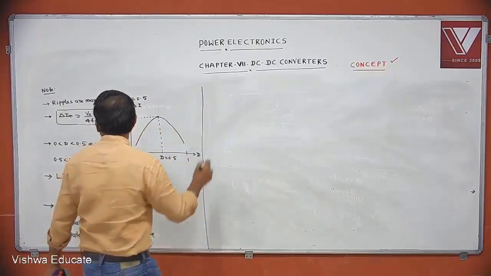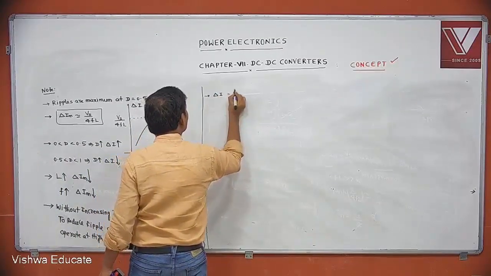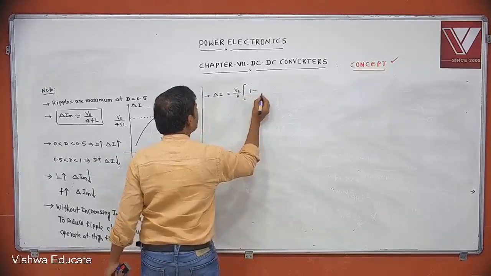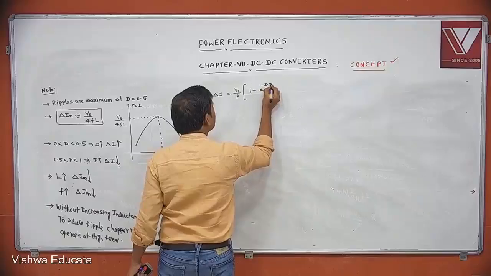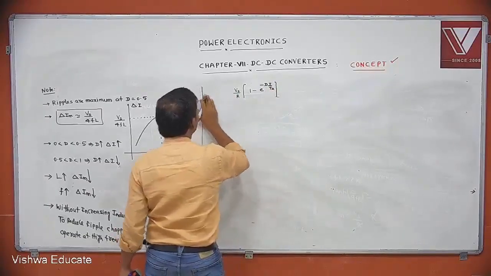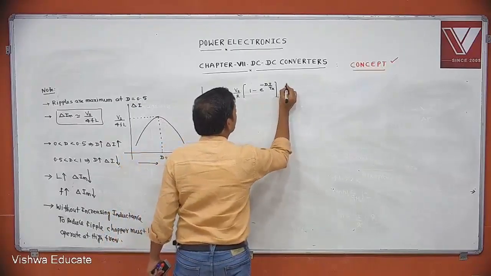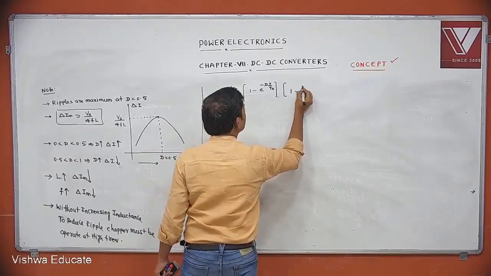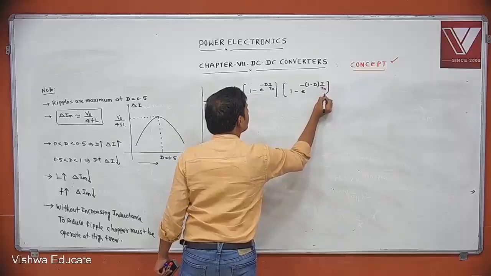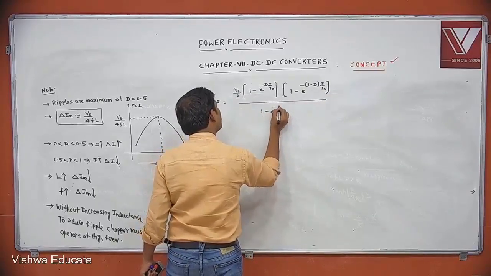We know what delta I is given by. Delta I equals Vs by R into (1 minus e power minus d t by Ta) into (1 minus e power minus (1 minus d) t by Ta), divided by (1 minus e power minus t by Ta).